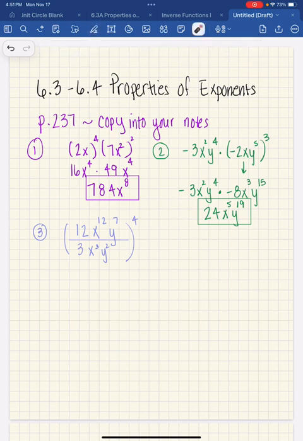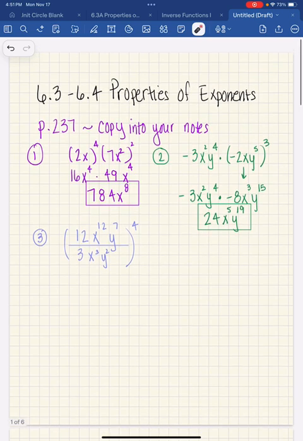Okay, keep in mind parentheses first. I do not want to do 12 to the 4th power and then divide that by 3 to the 4th power. Let's take care of the exponents inside of the parentheses first.